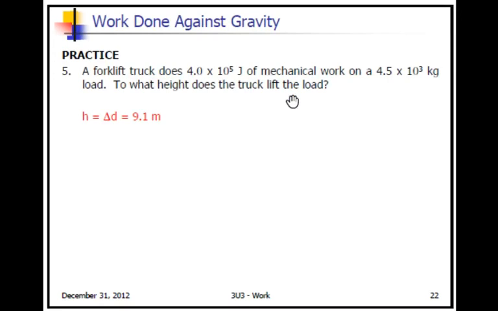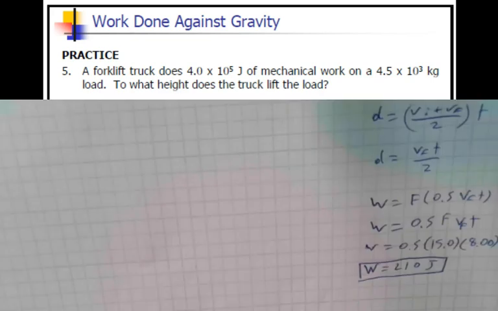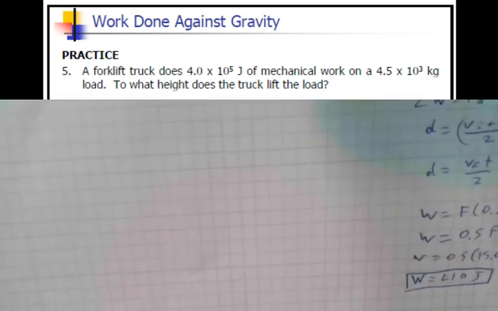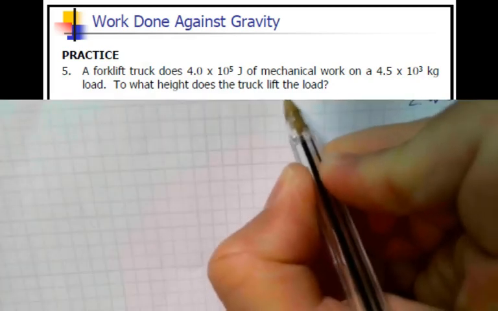A forklift does 4.0 times 10 to the power of 5 joules of mechanical work on a 4.5 times 10 to the power of 3 kilogram load. To what height does the truck lift the load? So we'll do this one on paper because it's going to involve rearranging an equation. So here we have our forklift truck.